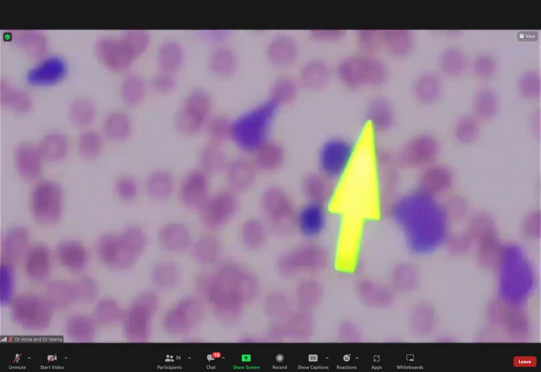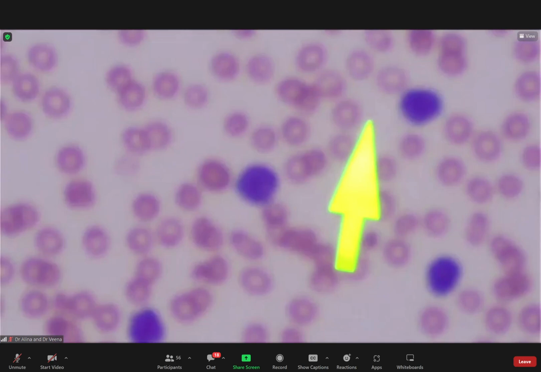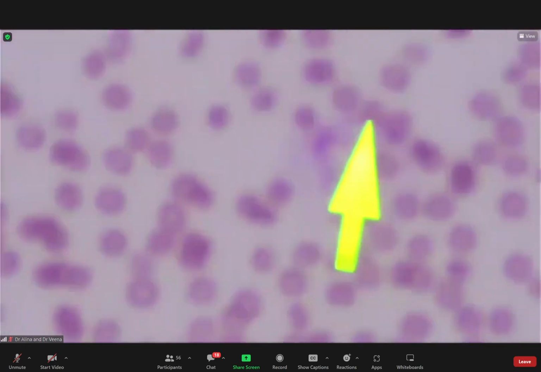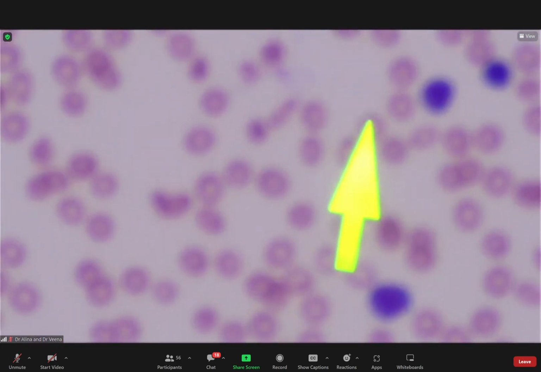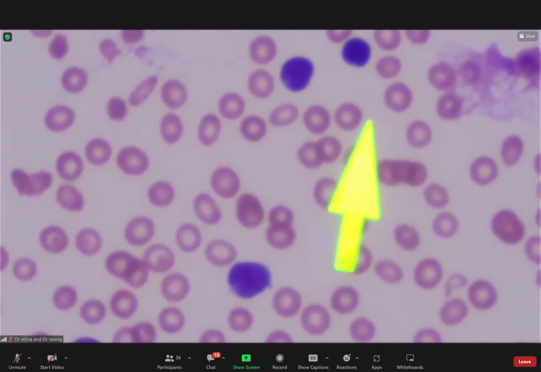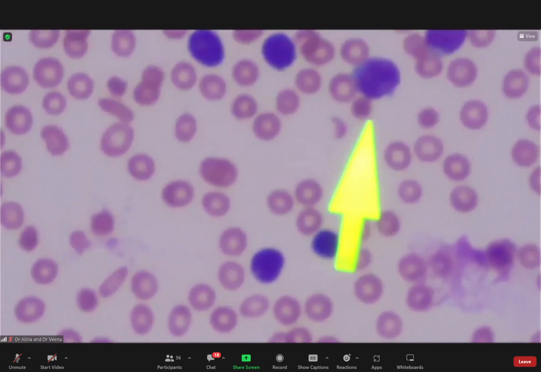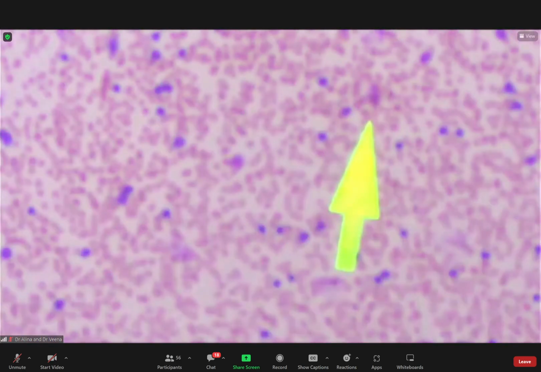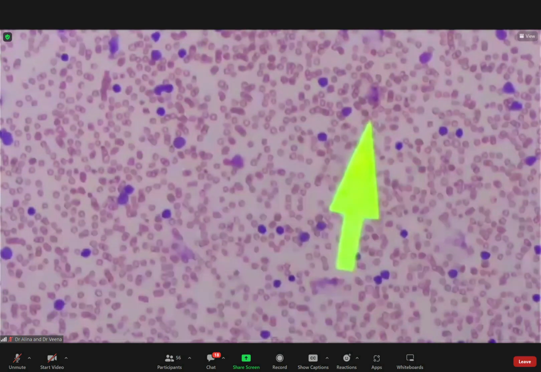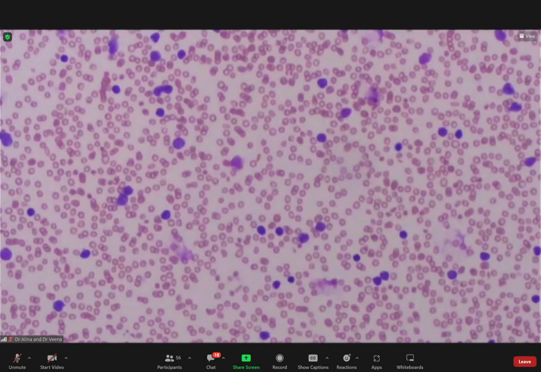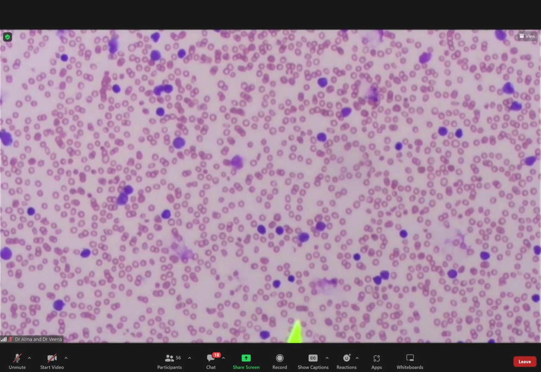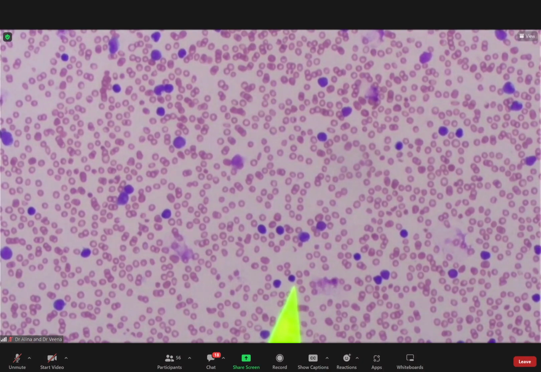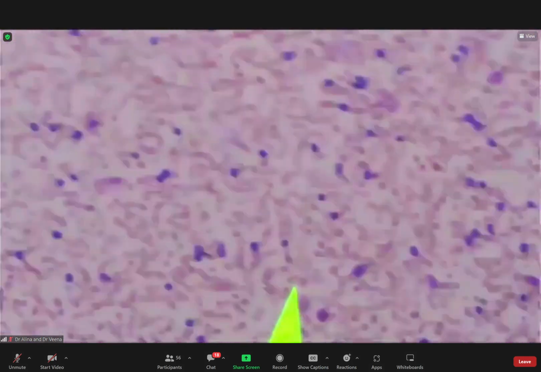You should show them a comparison in terms of the lymphocyte. Okay. This is a lymphocyte. Just appreciate the nucleus.